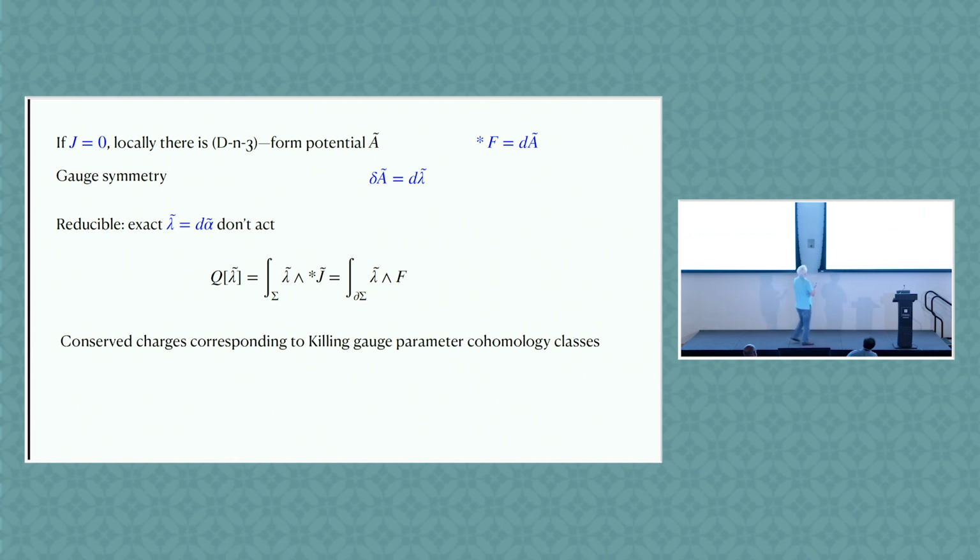On the other hand, if the electric current was 0, then locally we can write it in terms of a magnetic potential with a gauge symmetry, and again, there's an analogous statement which gives rise to magnetic charges corresponding to these cohomology classes.